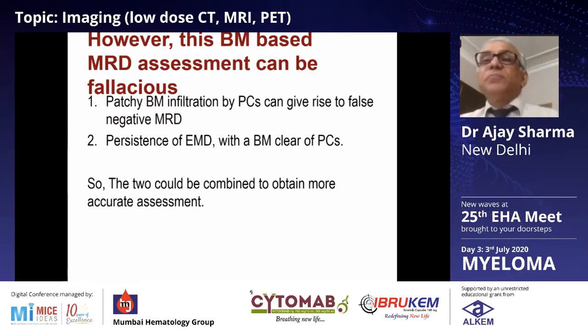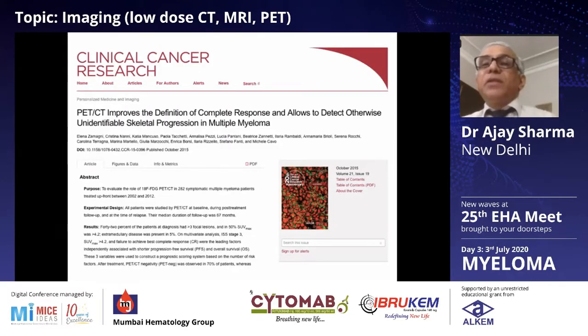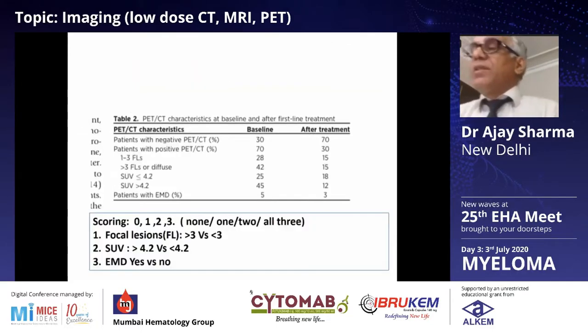So if we can combine the PET CT with the bone marrow studies, the assessment can be much better, as was shown in this study, wherein they had a scoring of the extramedullary disease as well as the presence or absence of the focal lesions, and the SUV values more than or less than 4.2.